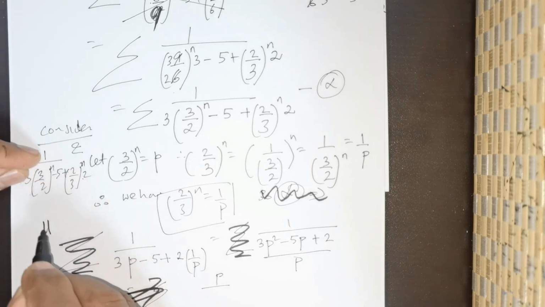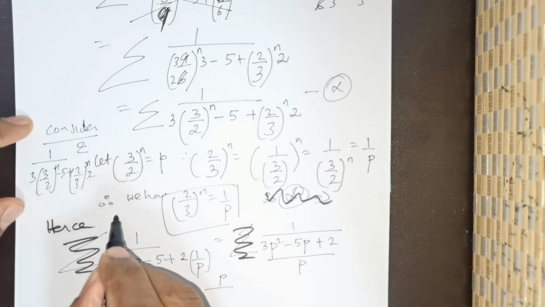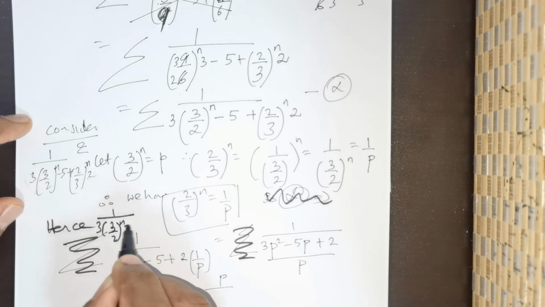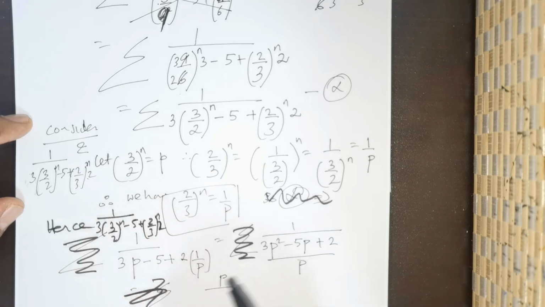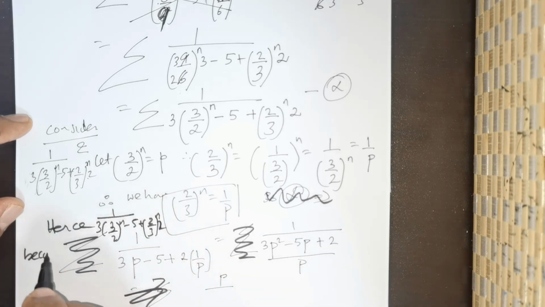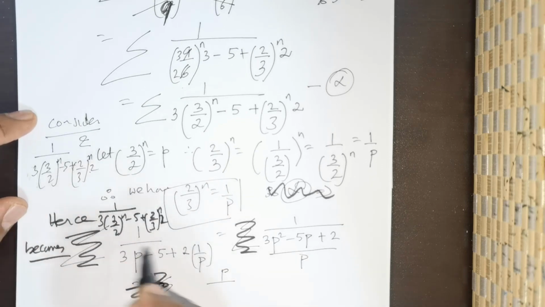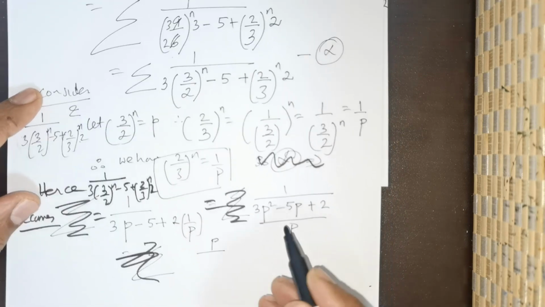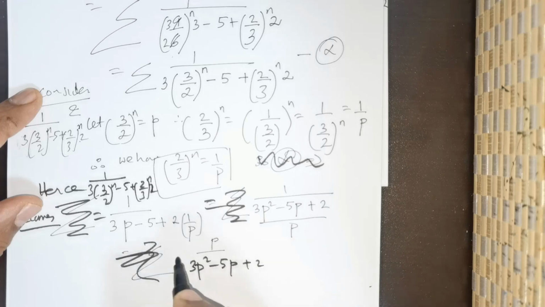I'll just say hence this becomes, hence I will write this step, hence 1 over 3 times (3/2)^n negative 5 positive 2 over 3 raised to the power of n times 2 becomes, okay, so this becomes this, and this becomes this. And what is this? This is going to be 3 times p squared negative 5p positive 2.